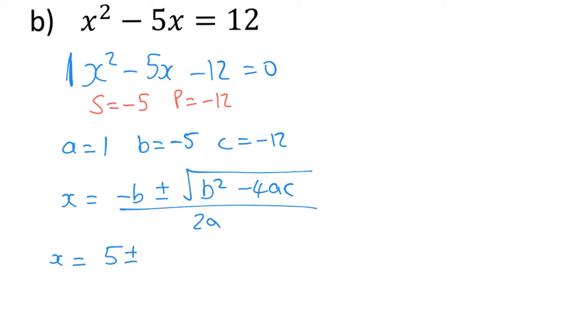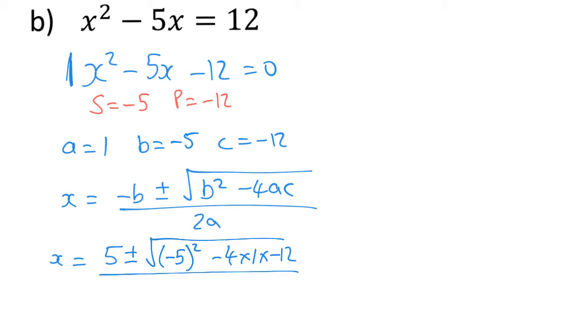And then we're plus or minus the square root of minus 5 squared. Now we need to make sure we put the minus 5 in a bracket so that we are squaring negative 5 and not just multiplying the square of 5 by a minus sign. So it's always in brackets. Minus 4 times 1 times minus 12 all over 2 times 1.